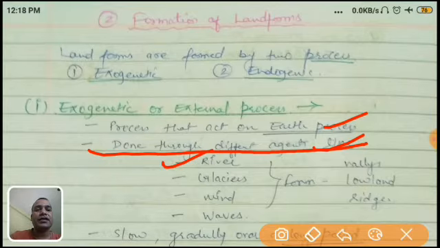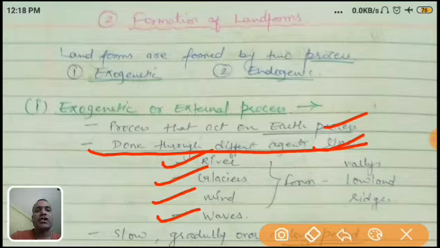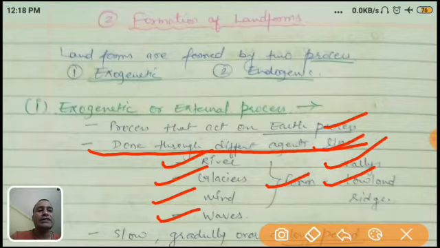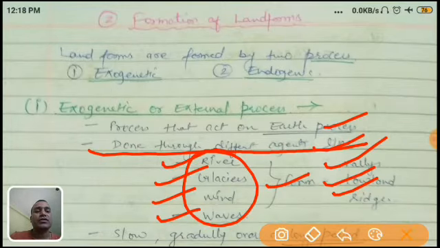They are the rivers, glaciers, wind and waves. These all are the agents which help to change the landforms, and they form valleys, lowlands, ridges, mountains.